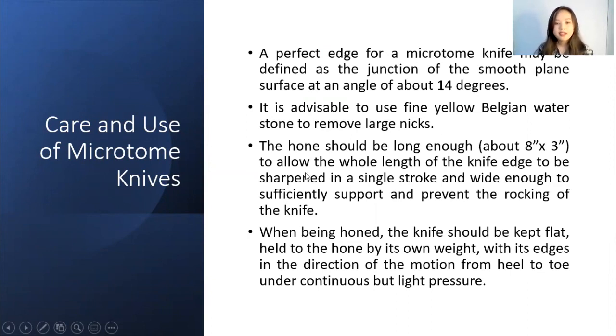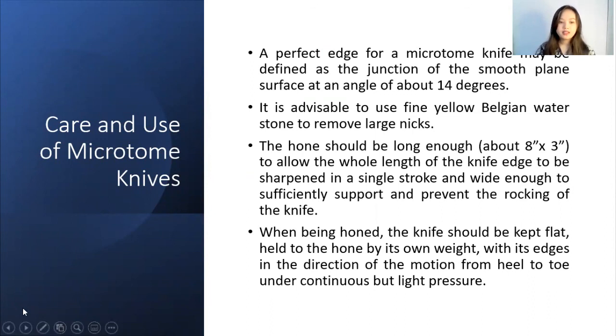And next, the hone should be long enough to allow the whole length of the knife edge to be sharpened in a single stroke and wide enough to sufficiently support and prevent the rocking of the knife. And when being honed, the knife should be kept flat, held to the hone by its own weight, with its edge in the direction of the motion from heel to toe under continuous but light pressure.